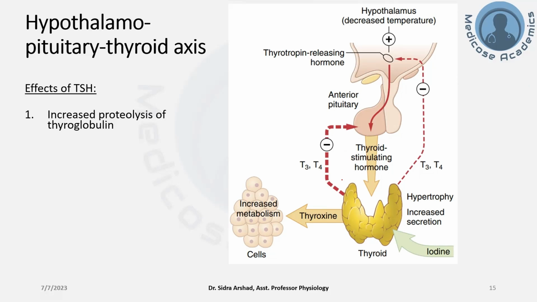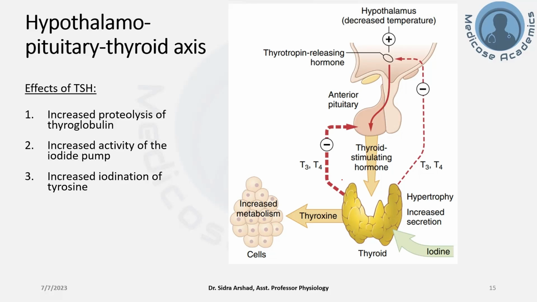And these effects are, there is increased proteolysis of thyroglobulin, so that more T3 and T4 is made available to be released. There is increased activity of the iodide pump, so that more and more iodide is trapped and used for the synthesis of thyroid hormones. There is increased iodination or organification of thyroid hormones. There is increased size and increased secretory activity of the thyroid cells.